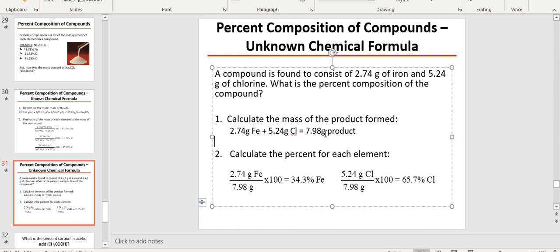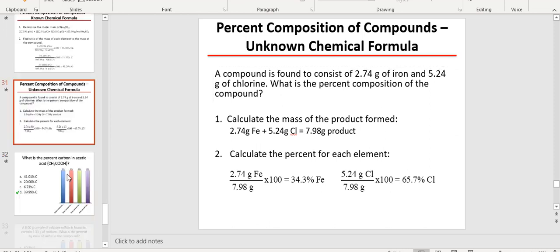That's the total mass. So for the iron, take your 2.74 divided by 7.98 times 100. Therefore this is 34% iron. Take your 5.24 divided by the whole thing, 65% chlorine.